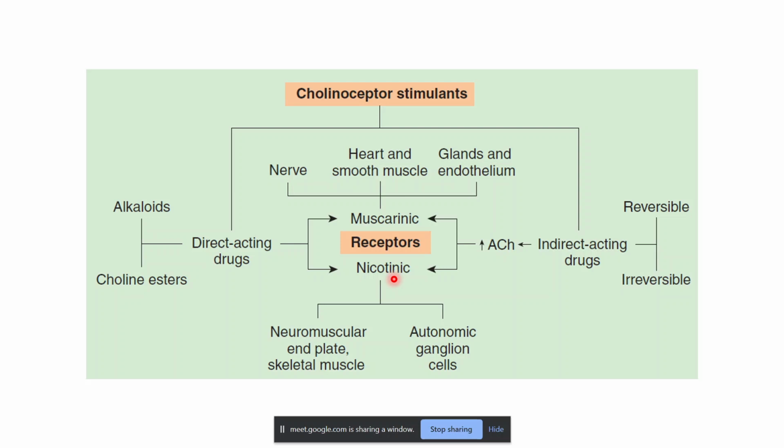Nicotinic receptors are part of a transmembrane polypeptide whose subunits form cation-selective ion channels. These receptors are located on plasma membranes of postganglionic cells in all autonomic ganglia and of muscles innervated by somatic motor fibers and of some central nervous system neurons.